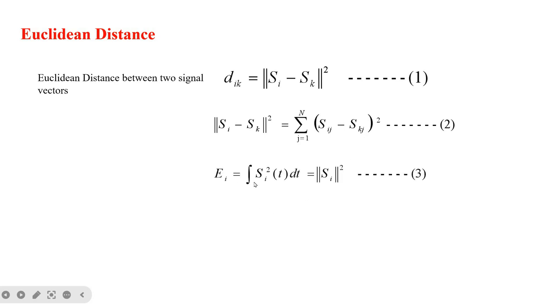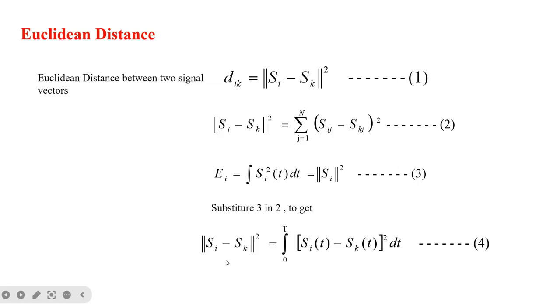And we know that the energy of the signal can be given as the integration from 0 to capital T of Si²(t) dt, which will again be equal to the square length of the signal vector. We'll take this as equation number 3. Now we will substitute equation number 3 in equation number 2, so that equation 2 becomes ||Si − Sk||².